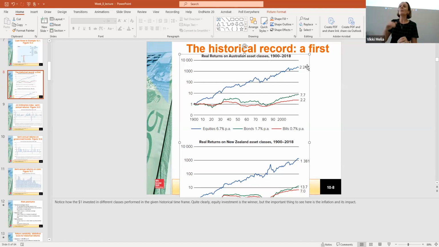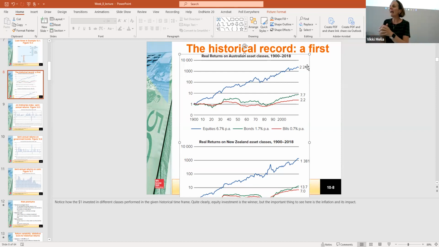The higher the probability that the actual return will be different from what you're expecting, the higher the risk of the asset. And return is the financial compensation that you get from investing in the asset. And they always go hand in hand.